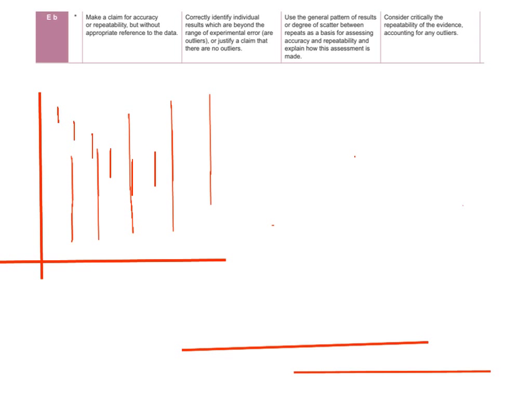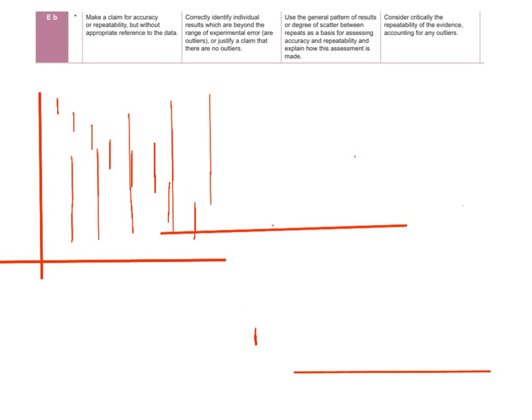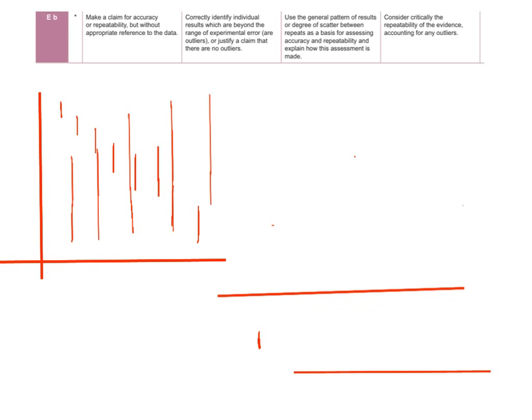So let's say we had some results like this. With this data, you'd obviously be saying that this result is a whole lot better. So you've got good results.